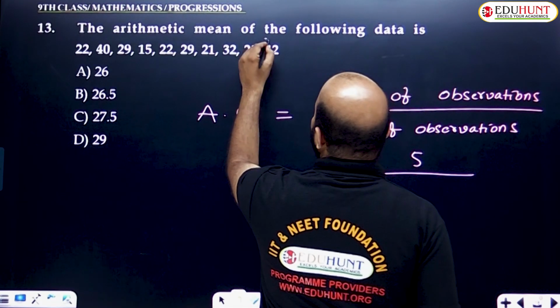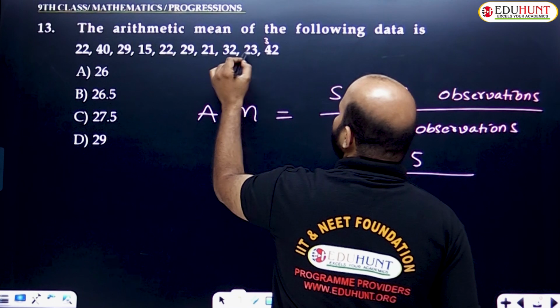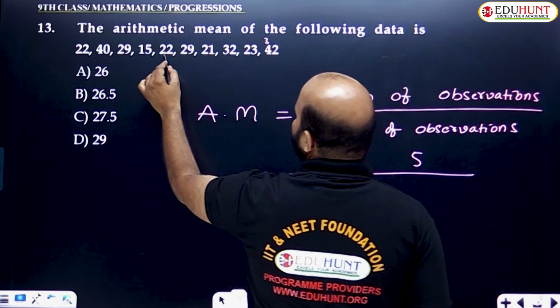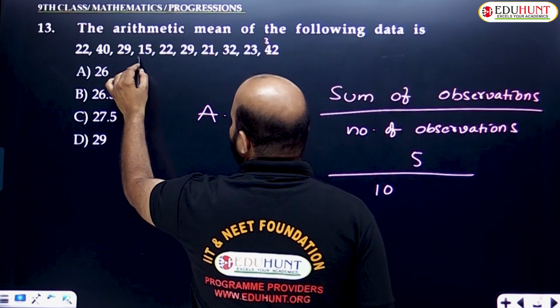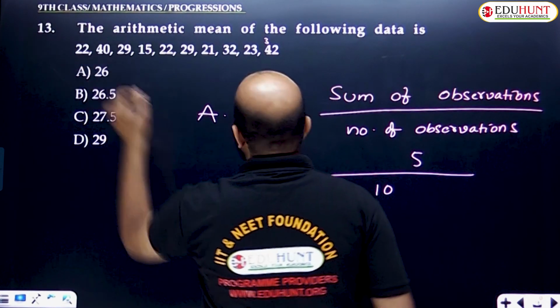Write 5 and carry 3 to the tens place. Then add the tens digits: 4 plus 3, 7, 7 plus 2, 9, 9 plus 3, 12, 12 plus 2, 14, 14 plus 2, 16, 16 plus 2, 18, 18 plus 1, 19, 19 plus 2, 21, 21 plus 4, 25, 25 plus 2, 27.